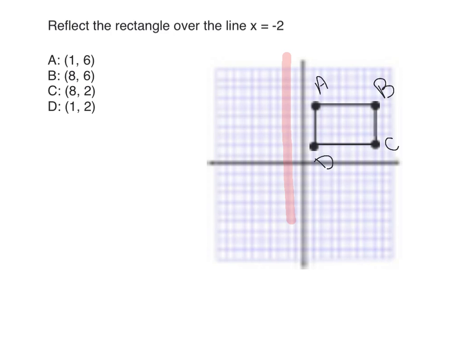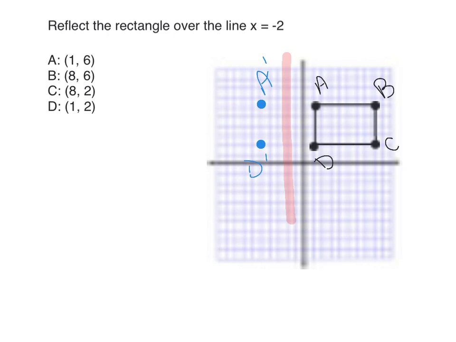So when I reflect it, A needs to be 3 spaces away again, which would put us here. And I'm going to label that as A prime. I'm going to switch and do point D now, because point D is also 3 spaces away. So I need to reflect D 3 spaces away on the opposite side of this line.